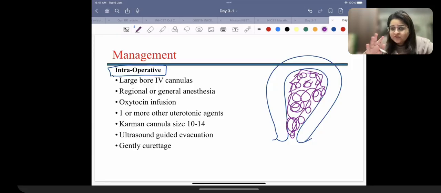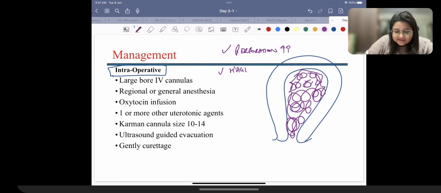One, this is a big, very soft uterus, so the chance of perforation during the procedure is very high, more compared to other pregnancies where you do D&C. Okay? The other risk you're worried about is hemorrhage. It can bleed. I have seen patients, this 32 weeks molar which I'm talking about, bled extensively. So you have to be very, very worried about hemorrhage and perforation.